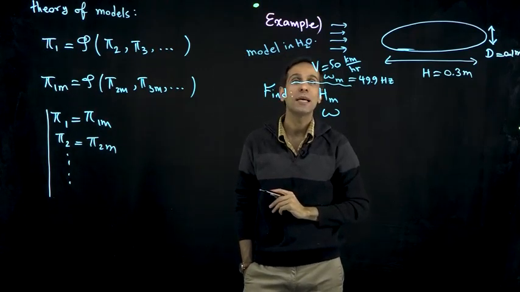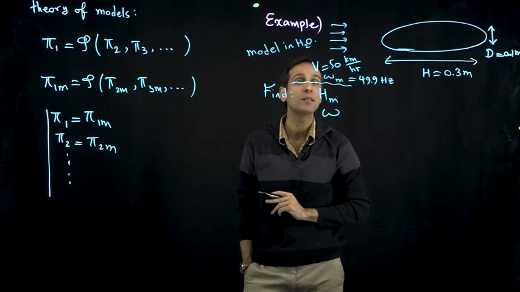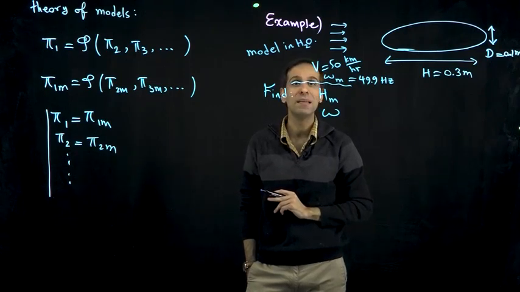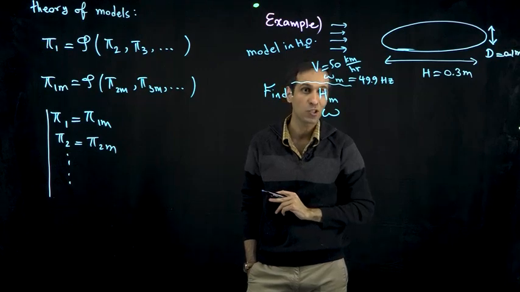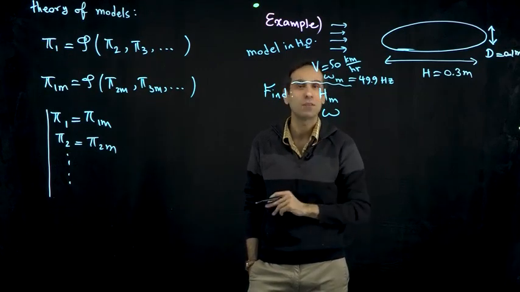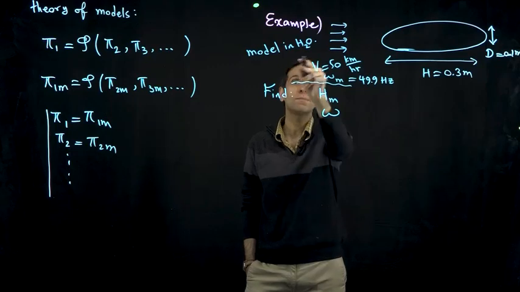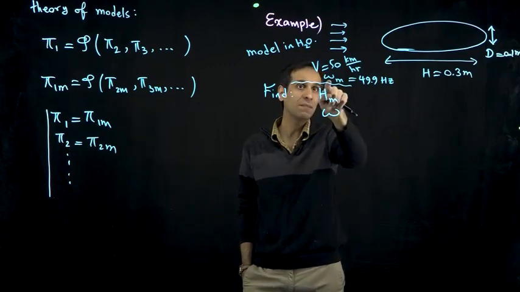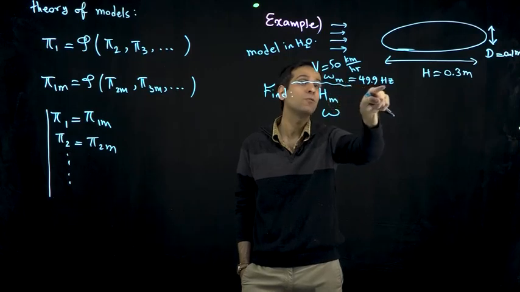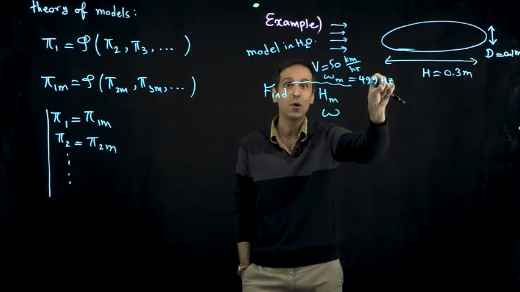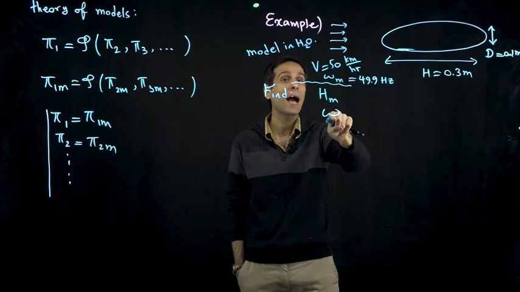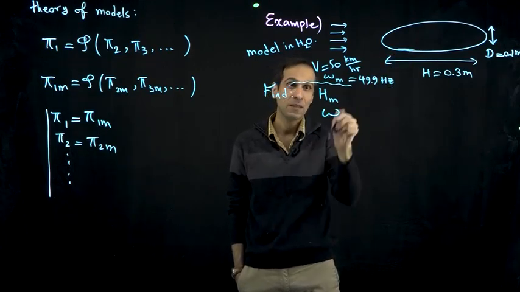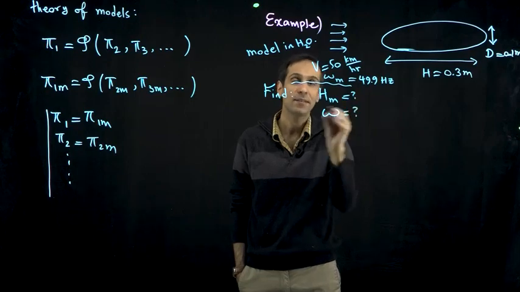So I want to use a water tunnel rather than a wind tunnel in the lab, which is much less expensive than the wind tunnel. And when I carry out the experiment in the lab for the model, I can measure the frequency of the model with this value. But now I want to see what happens to the real prototype in terms of the frequency.